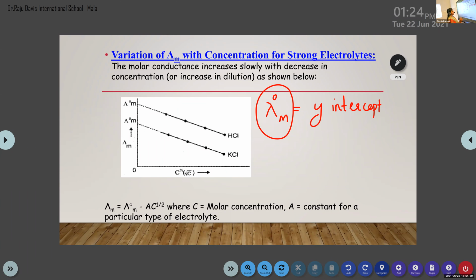And from this straight line we can also obtain the value of minus a. Can you guess by which method we can determine this value of minus a from this graph? There are straight lines here.